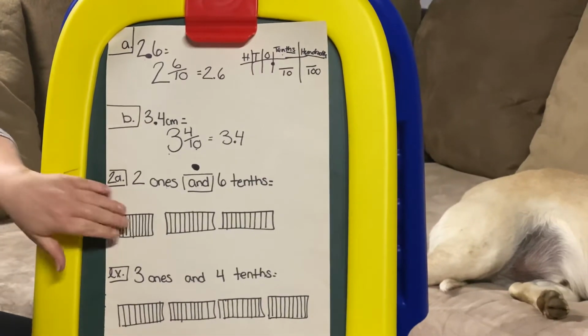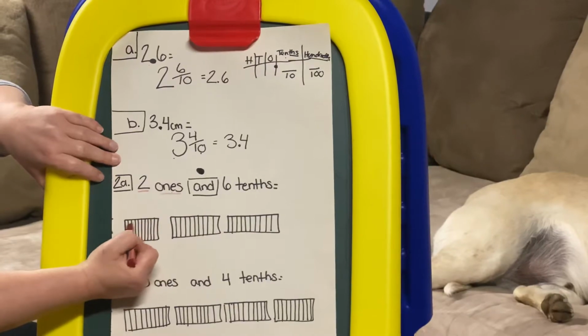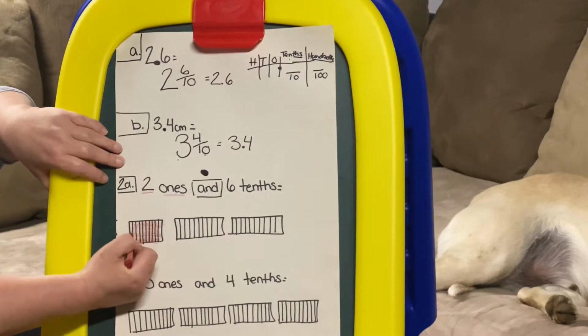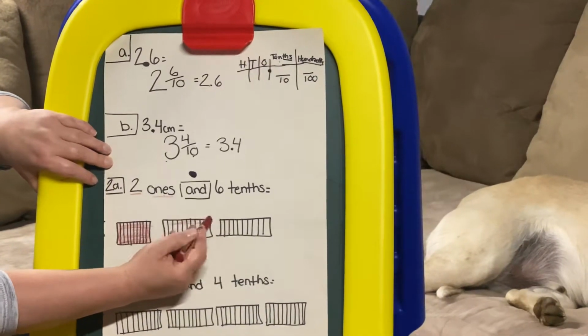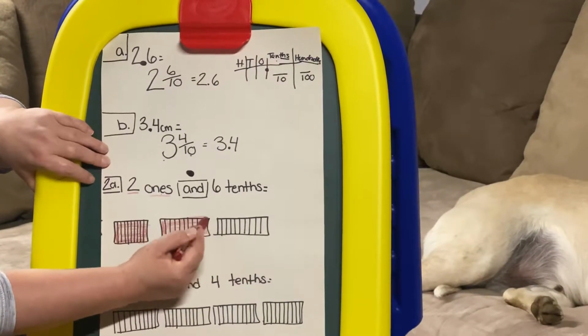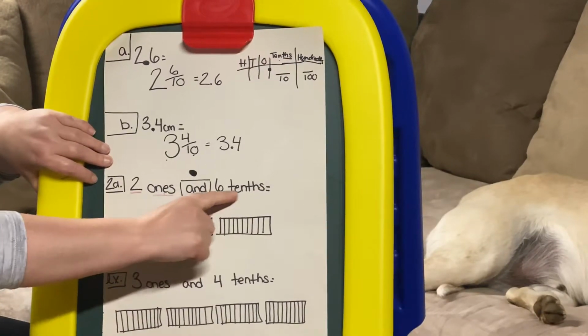So down here I have to shade. Well, I have 2 ones. Okay, well, these are groups of 10. So I'm going to shade one group of 10, 2 groups of 10, because we still have 2 ones, so that's a complete 2. And then I have 6/10.